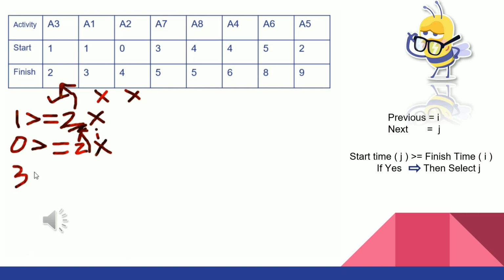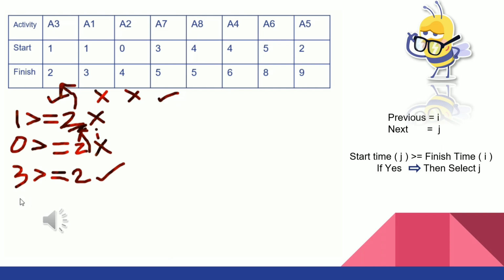Now moving on to the third activity: 3 greater than or equal to 2. Because 0 greater than or equal to 2 failed, we are taking the same finish time, 2. So this condition is correct, and the activity A7 is selected.